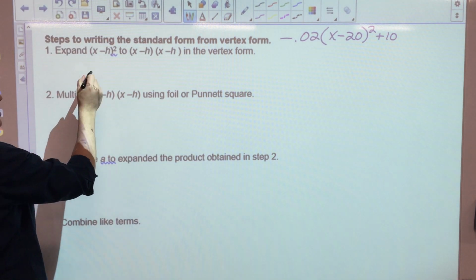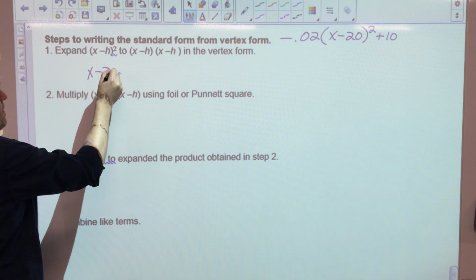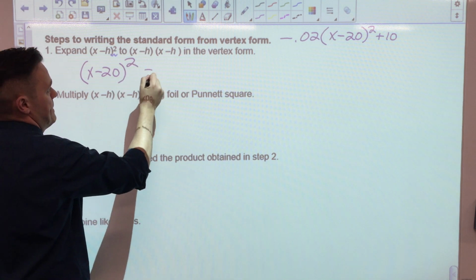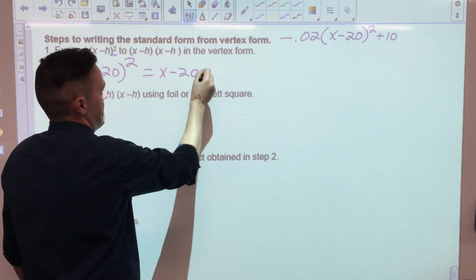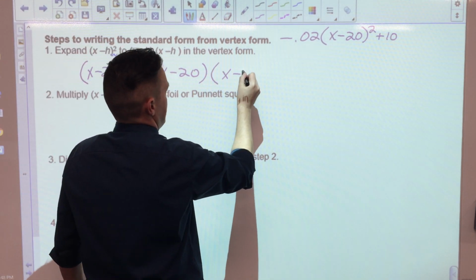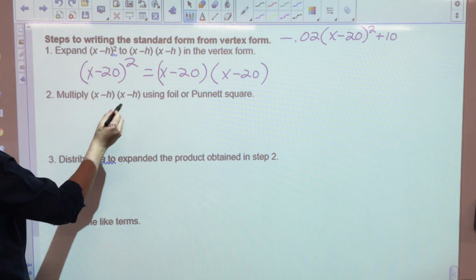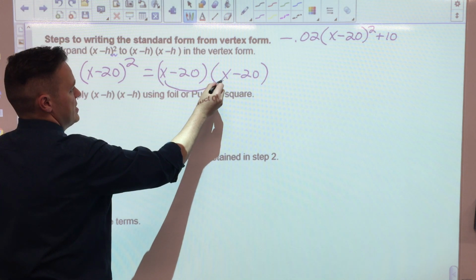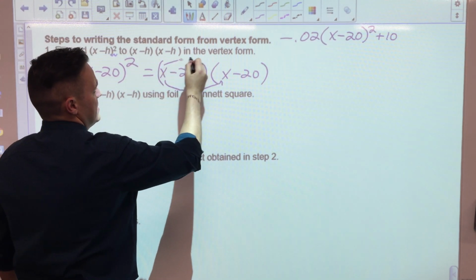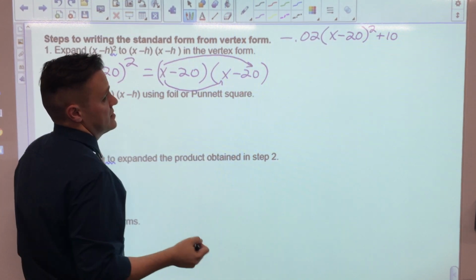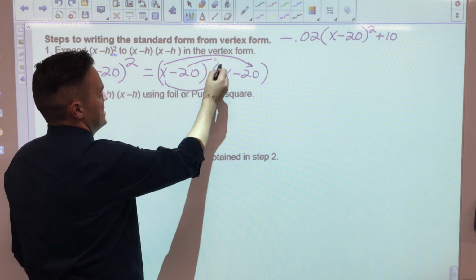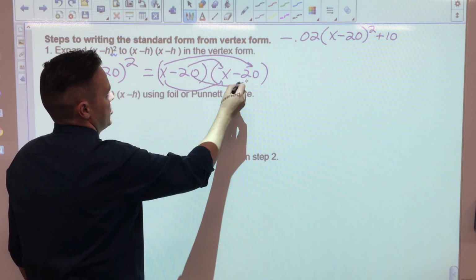Number 1 should be self-explanatory. Number 2, use the FOIL method. Remember, the FOIL method is first, then inside, then outside, and then the last terms.